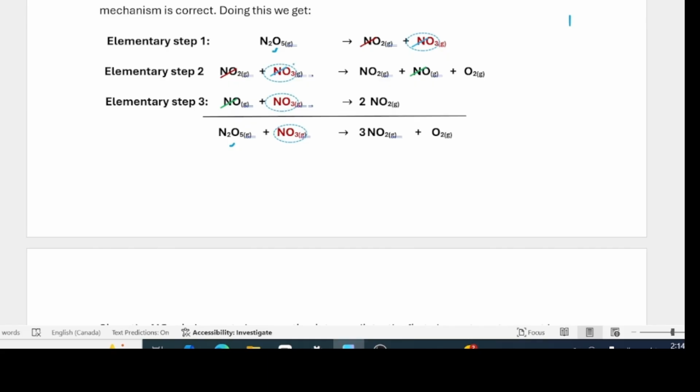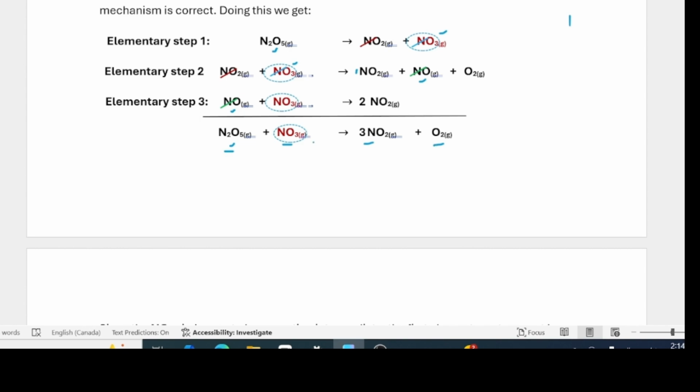This one here is present here, is present there, so we take these off. And NO is here, another one is here, and NO2 is here, and an NO2 is there. So you bring the one down here, we have this species here, we have 1 and 2, that gives you 3, and this oxygen stays here.